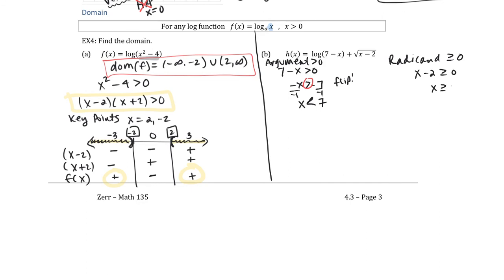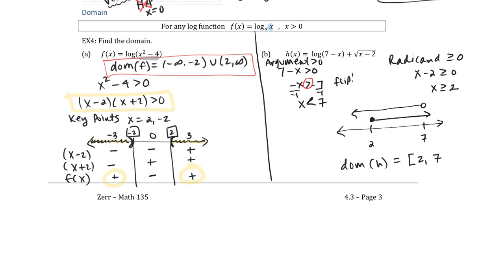Adding 2 to both sides, we'd have x is greater than or equal to 2. And you put both of those together, so at 2, you're 2 or greater, and at 7, you can't be 7, but you're anything smaller. So our domain here of h is from 2 inclusive to 7, and don't include that.